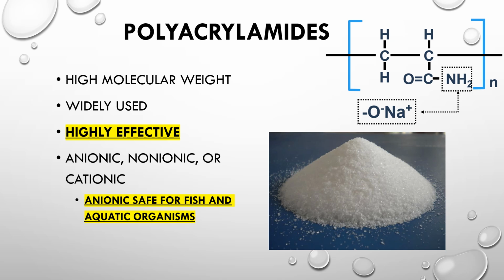The reason we use anionic polyacrylamides is because it's the most widely used polymer for stormwater treatment across the United States and multiple other countries, and that's because it's highly effective and it's also very safe for fish and aquatic organisms. Again, the charge of that polymer is very important for its safety, and the anionic forms of the polymer are the ones that are safe for aquatic organisms and the only ones that we use out in these kind of passive applications out in the open environment.